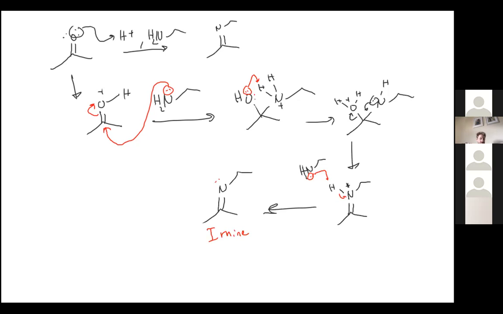This is going to change a little bit if we have a secondary amine instead of a primary one. So making our amine a little bit bigger.